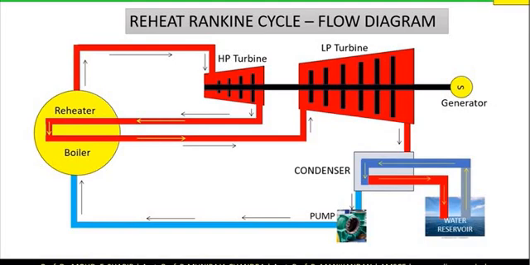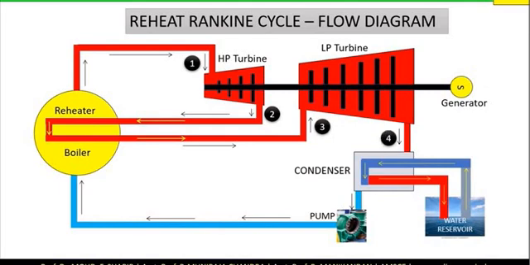turbine. To find the efficiency of this reheat Rankine cycle, we have to measure the pressure, volume and temperature at important points. The points are 1. Where the steam enters the high pressure turbine. 2. Where the steam leaves the high pressure turbine. 3. Where the steam enters into the low pressure turbine. 4.